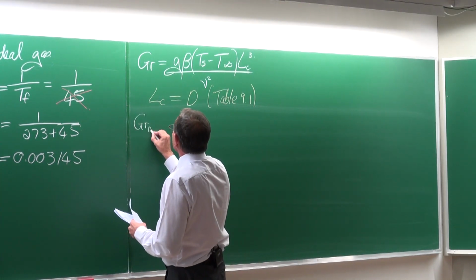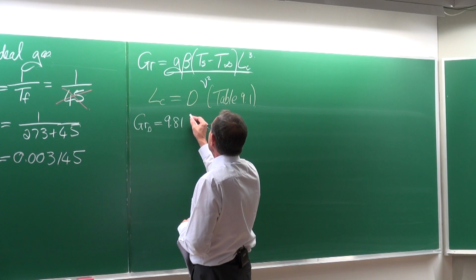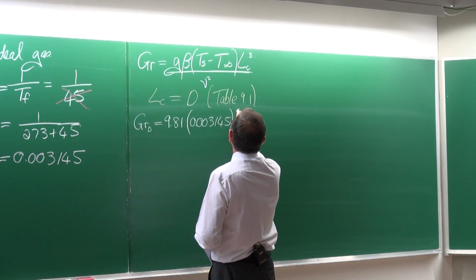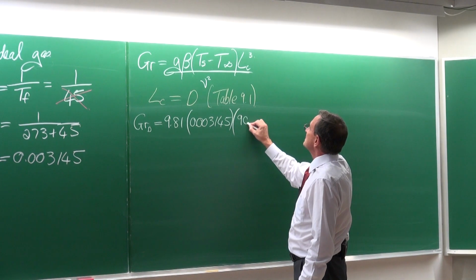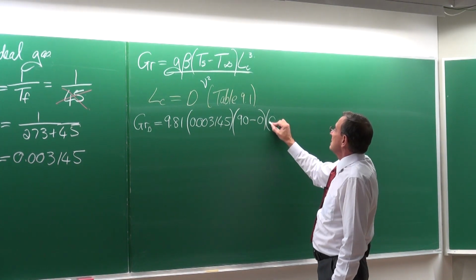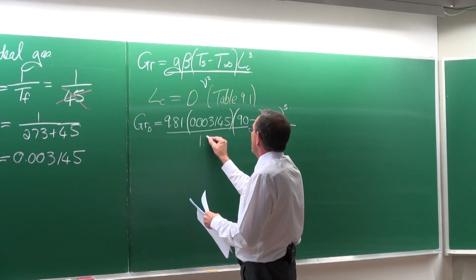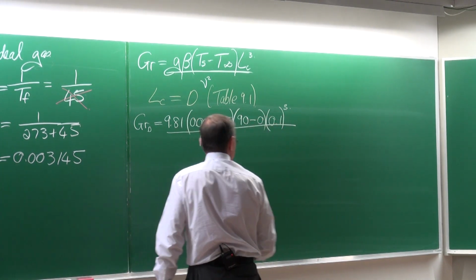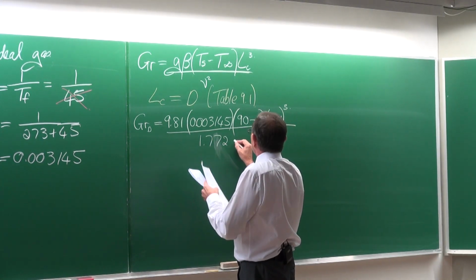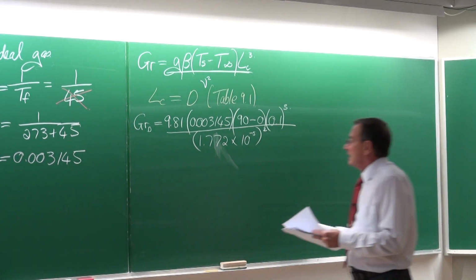Therefore, if we want to, we can say the Grashof number based on the diameter is equal to g, which is 9.81, multiplied by beta, which is 0.003145, multiplied by the temperature of the surface, 90, minus that of the environment, 0, and the diameter is 0.1, it is 100 millimeters, divided by the kinematic viscosity, 1.772 multiplied by 10 to the minus 5, squared.